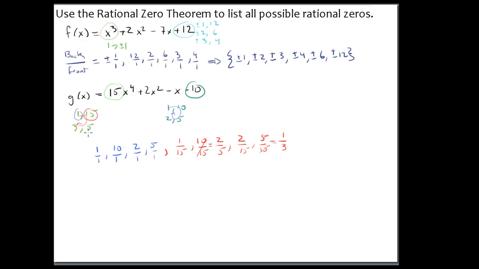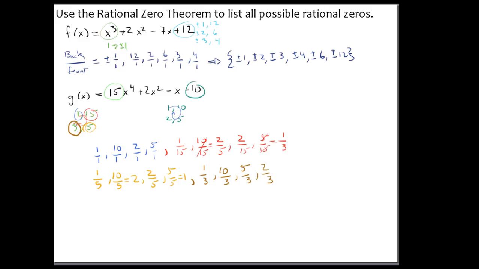Next one, 5. 1 divided by 5, 10 divided by 5, or 2. 2 divided by 5, 5 divided by 5, or what most people call 1. And then last here, we've got 3. So 1 divided by 3, 10 divided by 3, 5 divided by 3, 2 divided by 3.